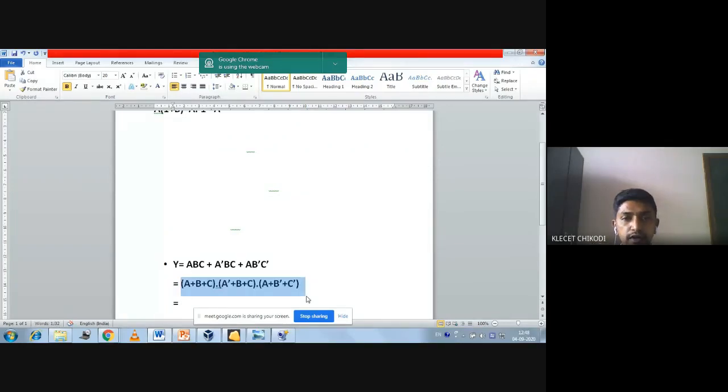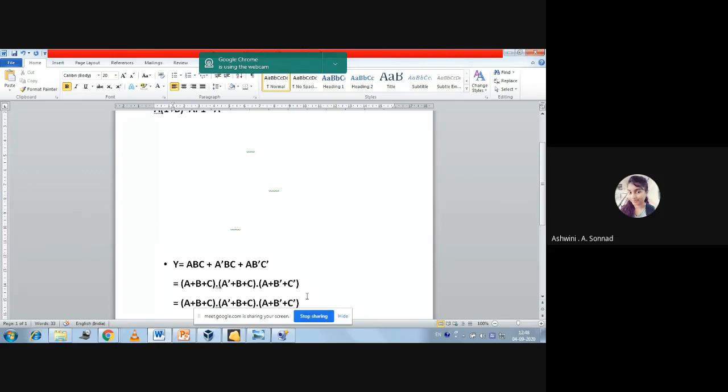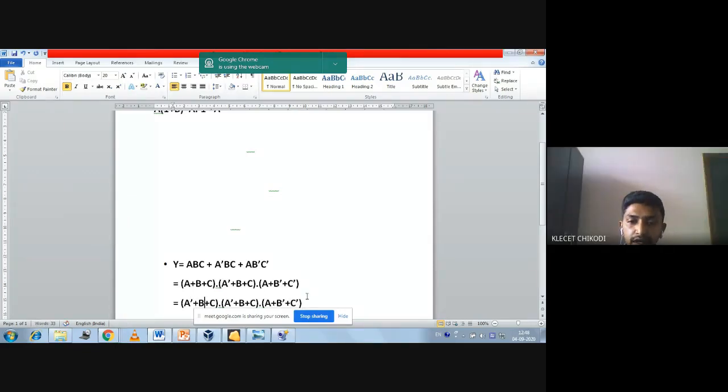So I will take the same here, and I have to apply the complement to the individual variables. Complement to individual variables means if it is A, we have to take A dash. If it is B, it will be B dash.